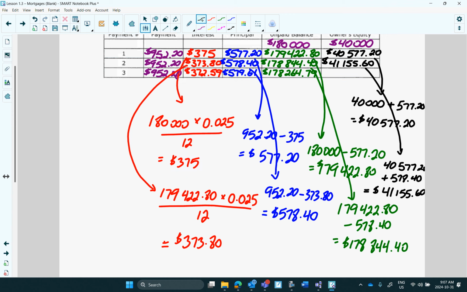We also add that amount to his equity to get 41,735.21.